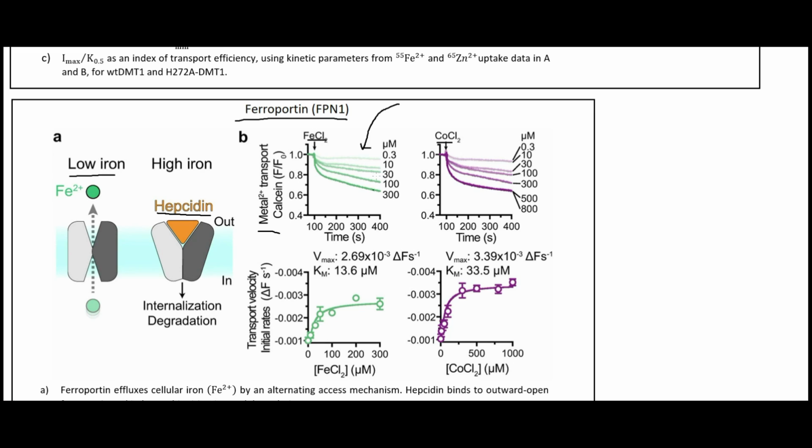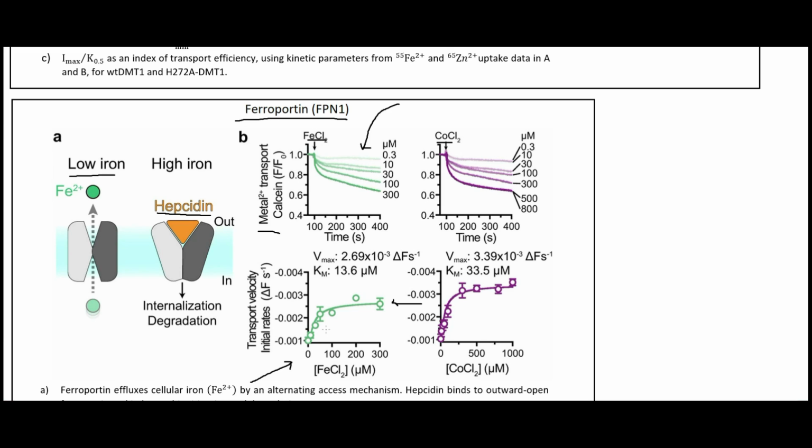But then looking at the different concentrations, we can look at that right here, and we see that this has the turnover rate going up here, and we can see that it's fairly tight binding.